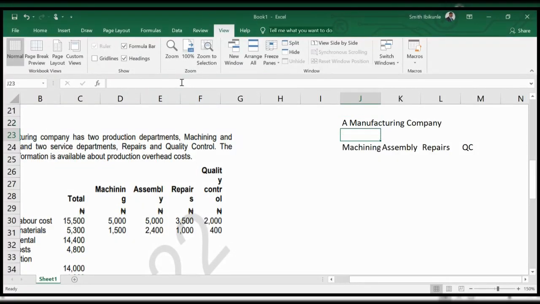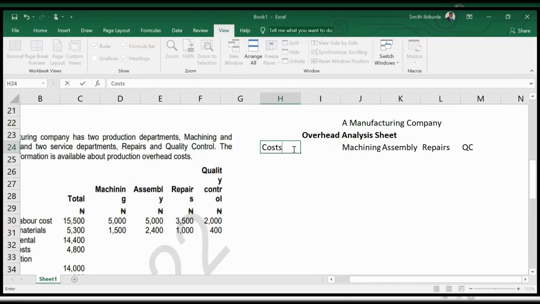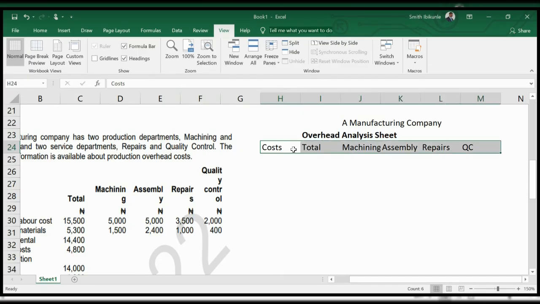So now you have the overhead analysis sheet. On this side we have the cost, and we can also have total. These are our columns.